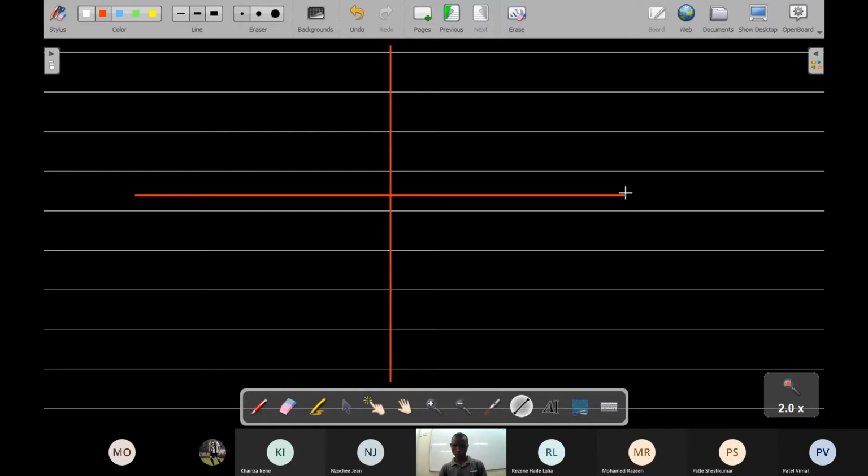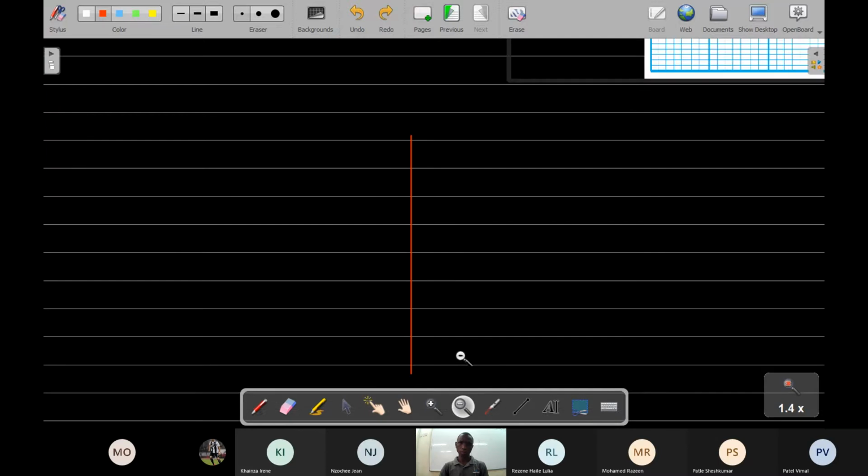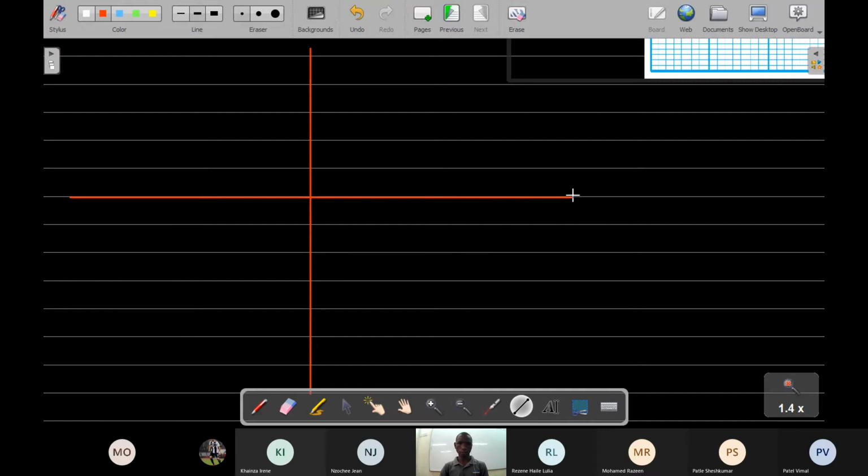Okay, yeah, this one will work well. So let me have these lines here like this. Then I draw also here the x.